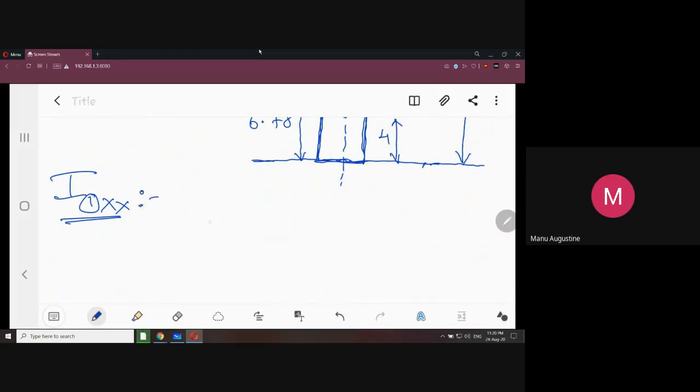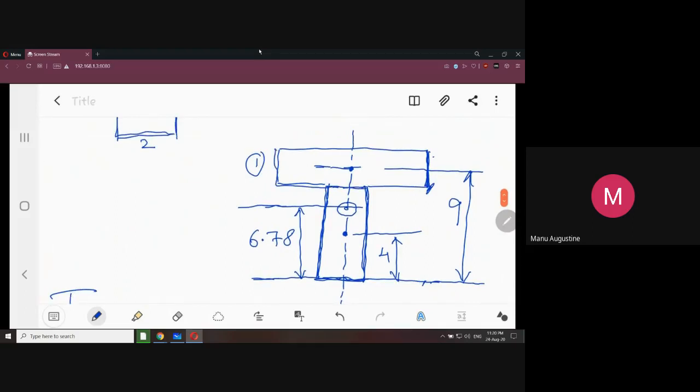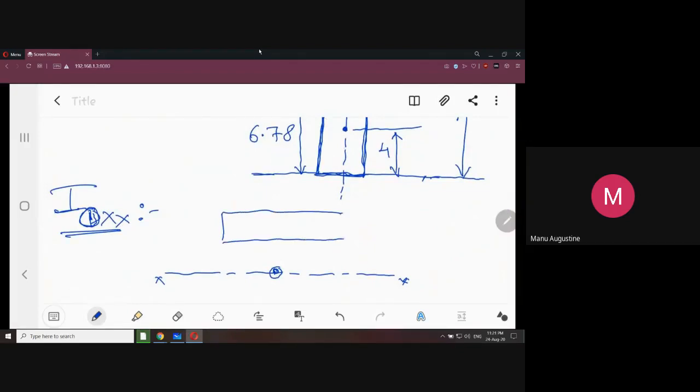Now I need the axis xx which is passing through the overall centroid. I am not drawing the complete figure now, for the sake of clarity. I am simply drawing the centroid and the axis xx. I have to calculate the moment of inertia of only the first area about xx. So I will draw only the first area, that is this horizontal rectangle, somewhere above here.